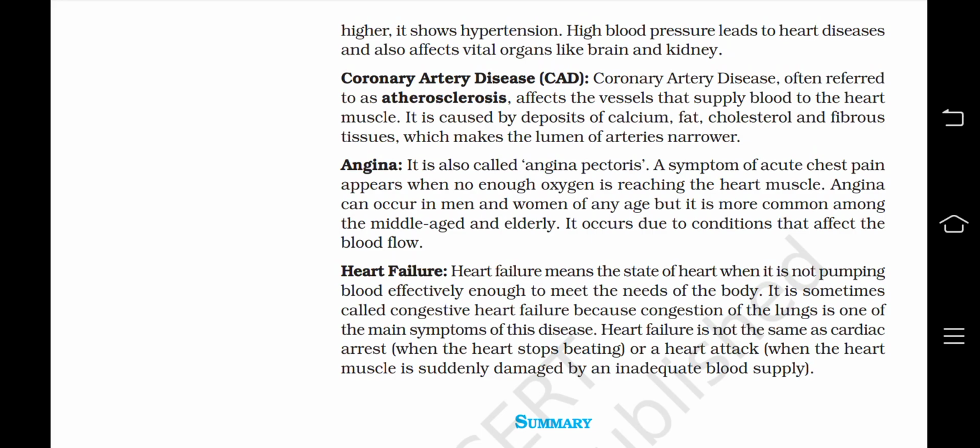So here we are getting to know that these three things are very different from each other: heart failure, cardiac arrest, and heart attack.